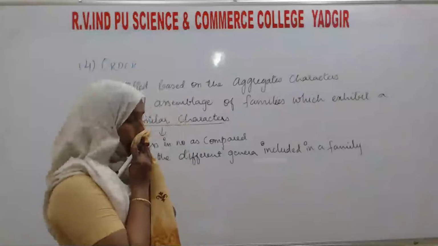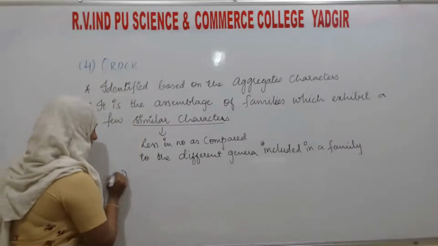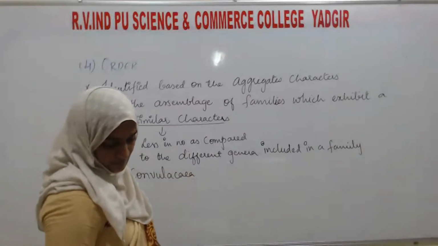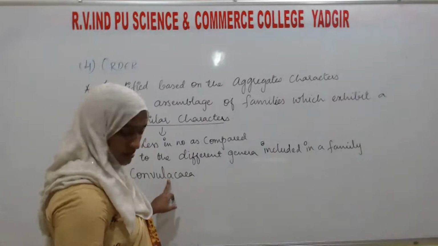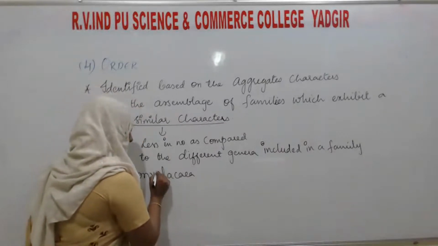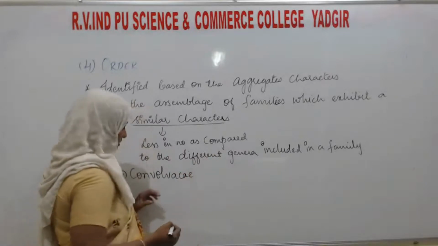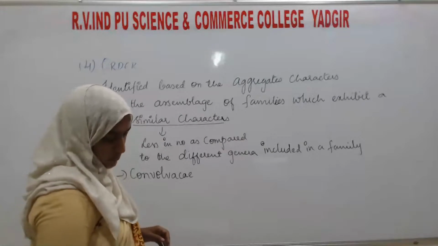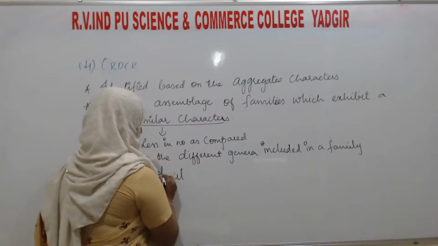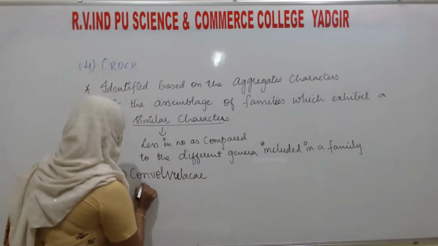Now next, here I will give you an example. Plant families like Convolvulaceae and Solanaceae. Convolvulaceae is one family, Solanaceae is one family.